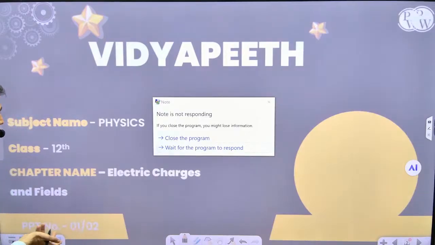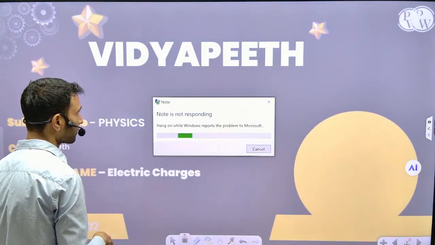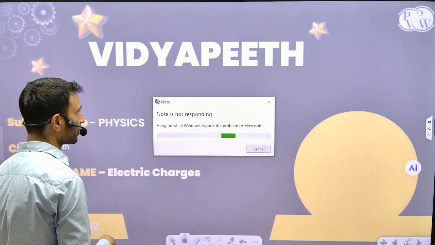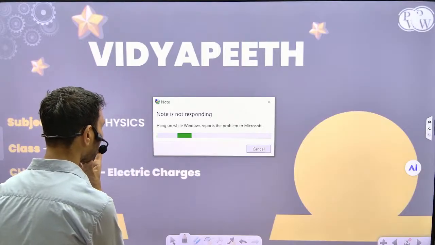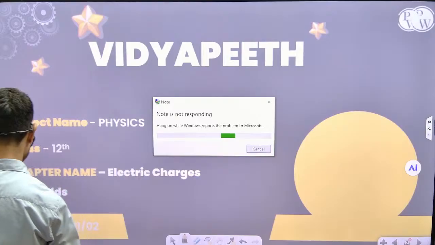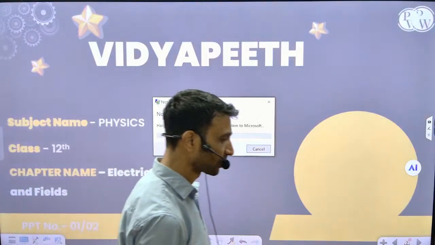Again the same thing. Continuously hanging. Can only wait now.